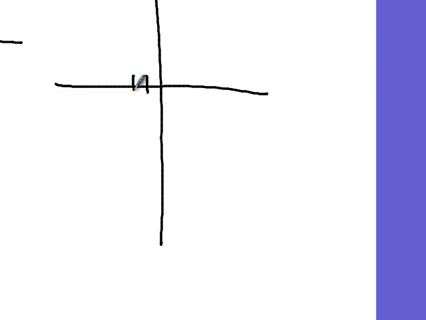So let me make my graph over here. So we have negative 1, 2, 0, negative 5, and 1, 2.